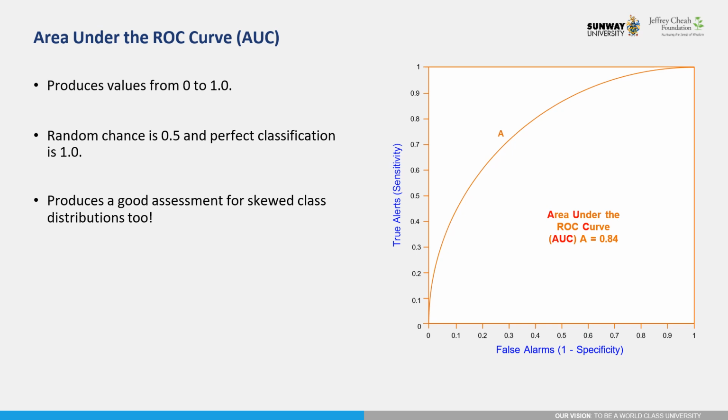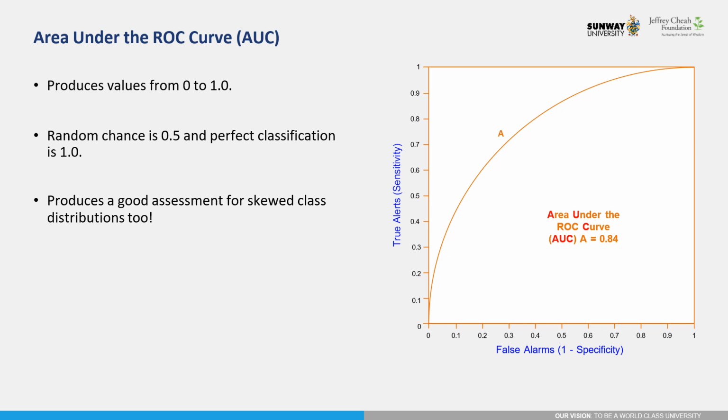I am explaining it with one of the diagrams. For example, we have a false alarm and a true alarm. When the ROC curve shows a value of 0.84, it means a very high probability, which indicates good classification. As already explained on the left side, the value ranges from 0 to 1.0.